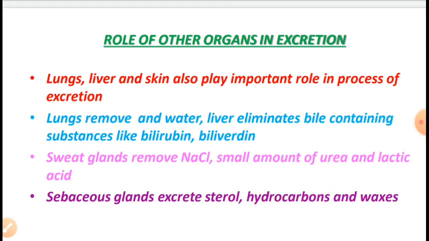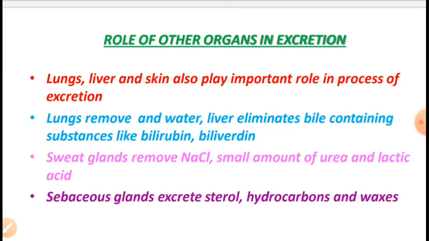Generally what we understand is that the excretion process in the human body takes place through the kidney. Through the kidney some amount of water, urea, and some drugs, the unwanted part, is discarded through urine. But over and above this, the role of some other organs in the human body is also important for excretion.